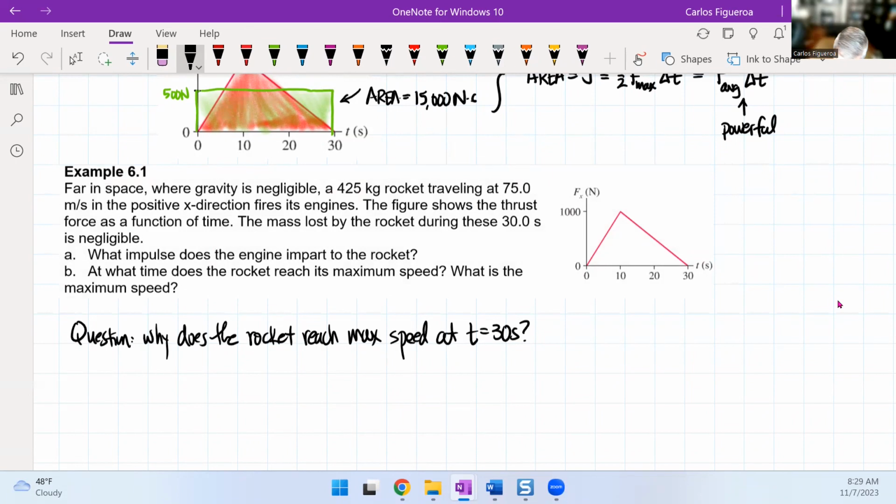Well, the way to think about this is to think about pushing a car. So if I was to have an analogy, it goes something like this. I have a car, and you could imagine that you're going to be pushing this car.